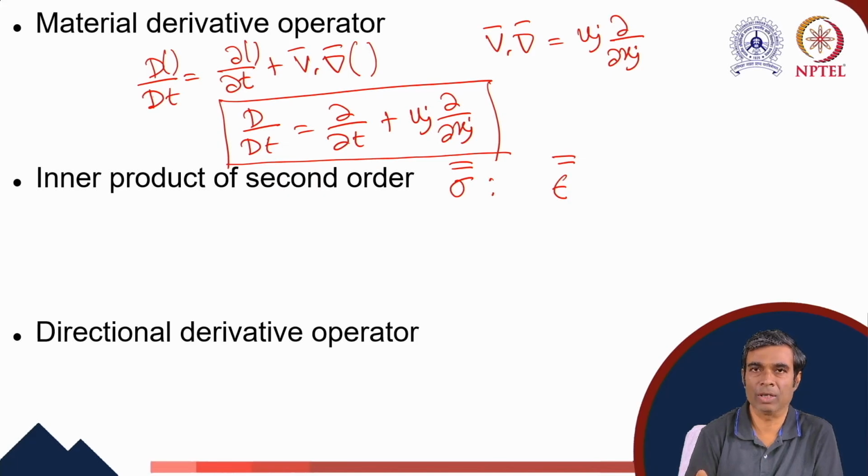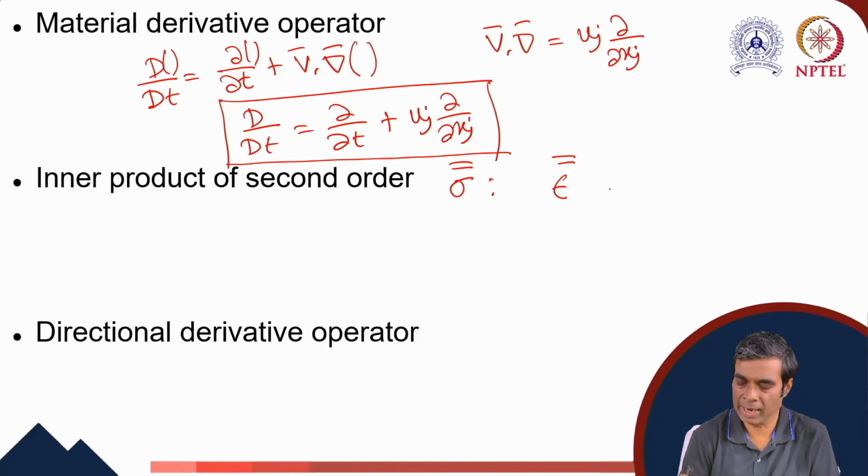This is the symbol of double dot product, or we say that this is an inner product of higher order. In the dot product, we must have identical indices in both of these quantities. So we can write sigma ij epsilon ij.